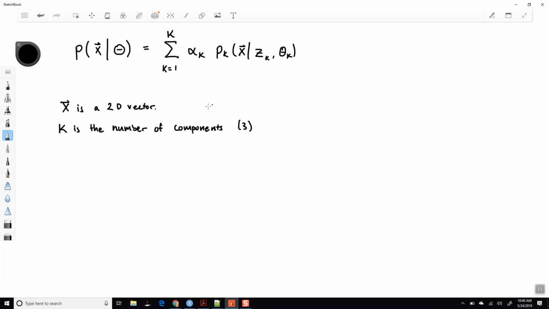All right. And then p sub k is the probability density of the kth component.